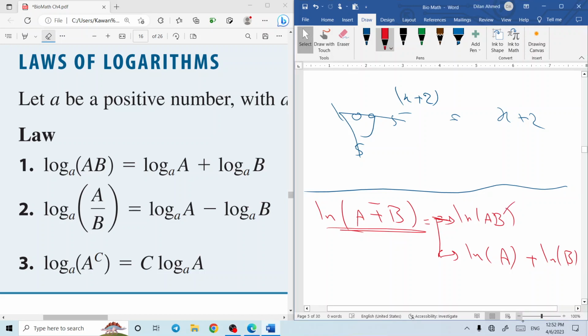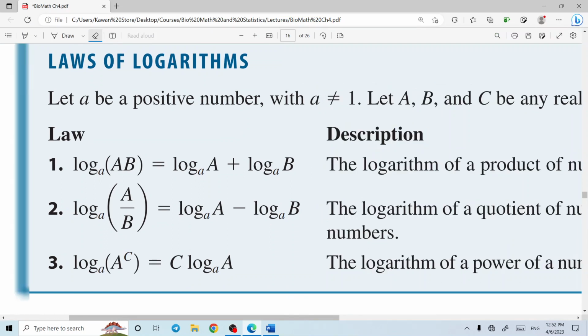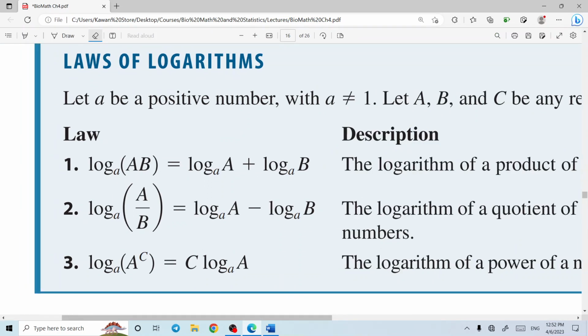We have no such rule. Thank you for your invention, you make me unhappy. So we don't have something like that. Careful. Look and listen. If I have one log with one multiplication, I can separate it into 2 logs with addition.